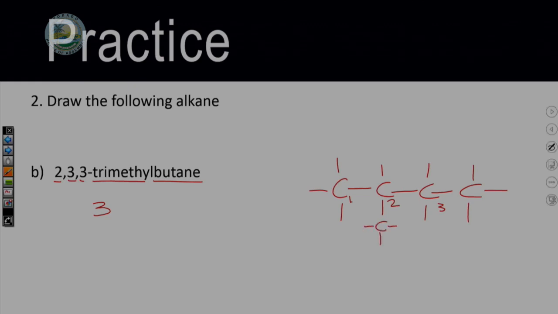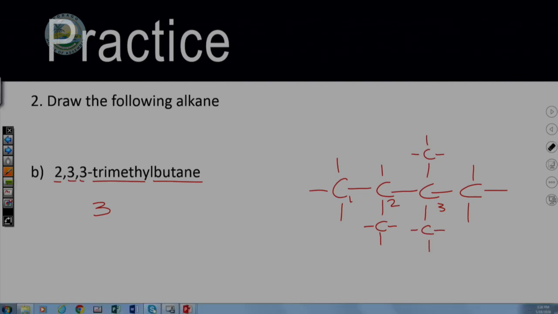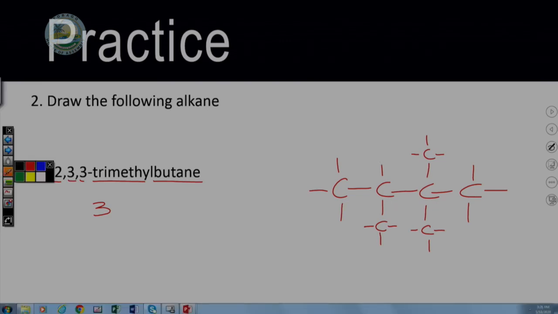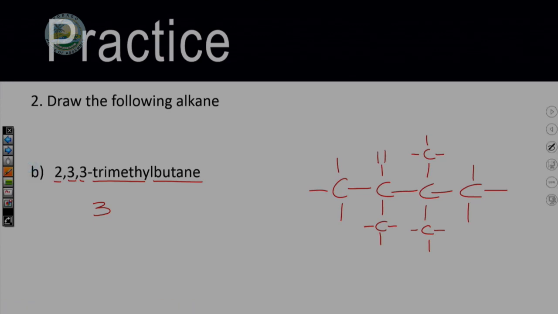I have 2 of them on the third, so 1 on top and the next on the other side, and that is my compound right there. Again, make sure that you put your hydrogens in. They are very important. Always have your hydrogens in. In this case, because of time constraints, I'm just leaving it at that to demonstrate.